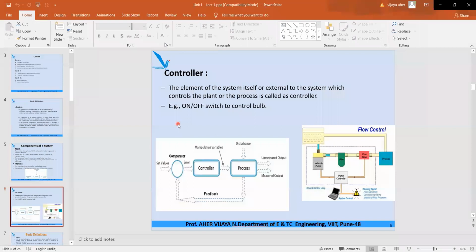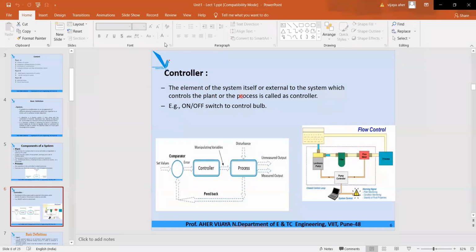There should be a controller to control the process, because by any means there can be a change in the output of the process. So in order to regulate that output at the desired value, at the desired level, the controller should be connected before your process.